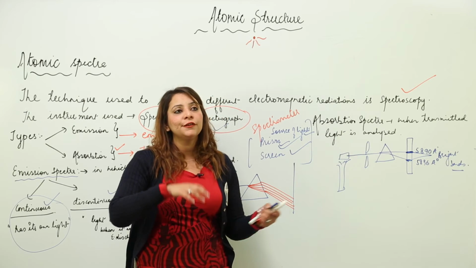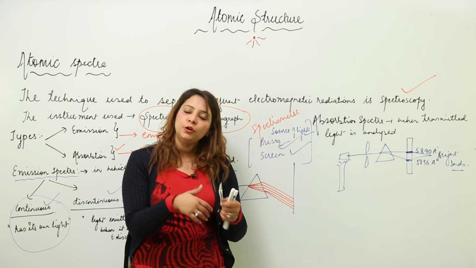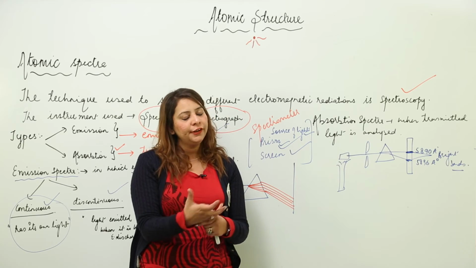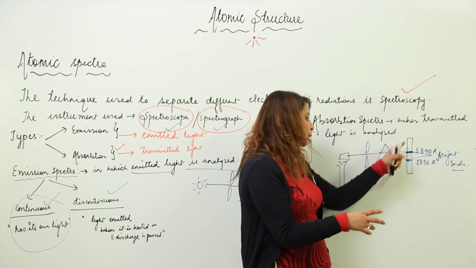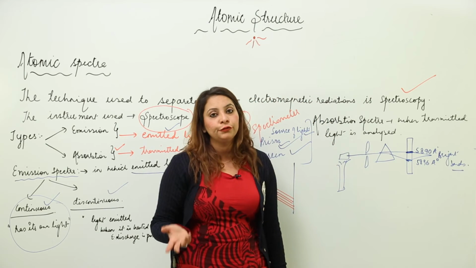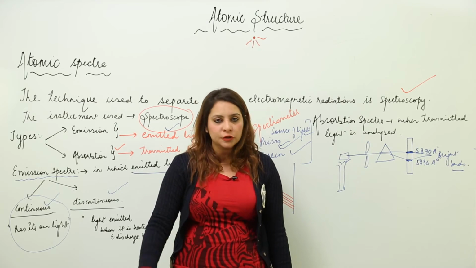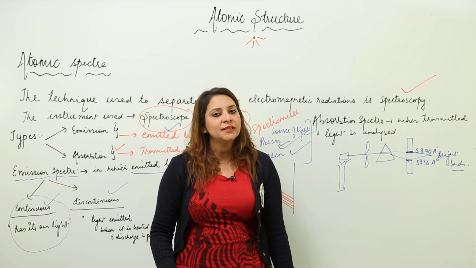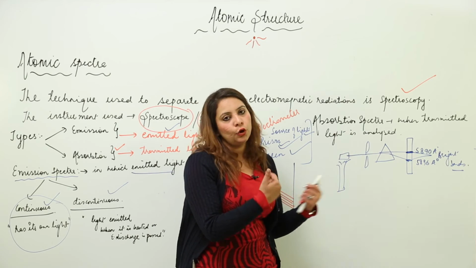If you take something other than sodium, then again when you heat it there will be radiations, and bright lines will occur on this screen, but those bright lines will have a different wavelength. That varies from substance to substance, depending on which substance is taken into observation.